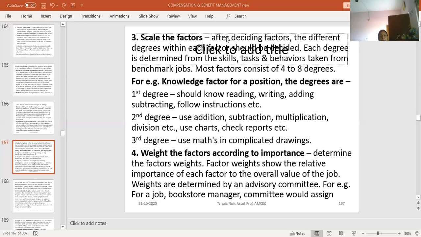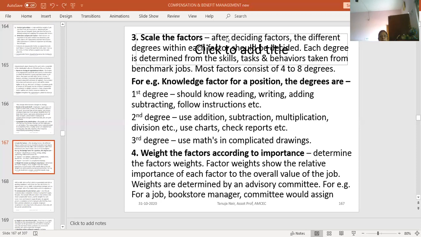A factor which is not important for that job, like for example, in a software job, physical effort is least important, you will give it a scale of 10, 9, 8, etc.